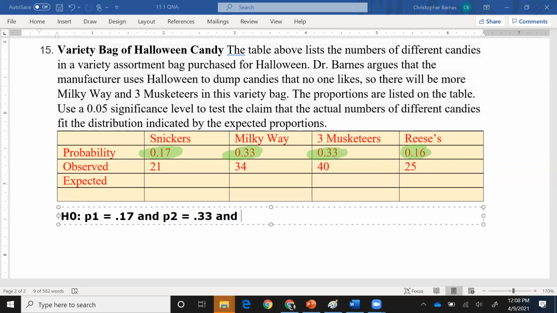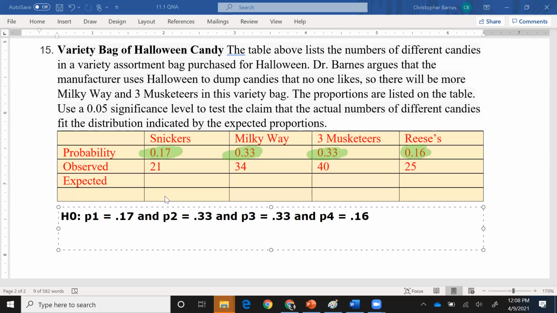And what next? It'll be 0.33. And P4 will equal 0.16. All right, excellent.